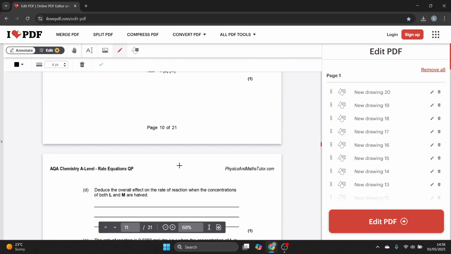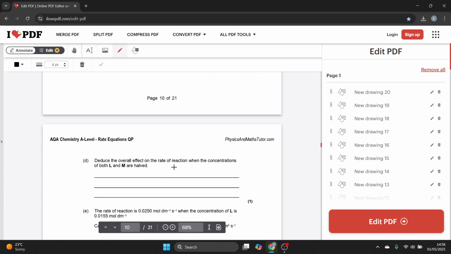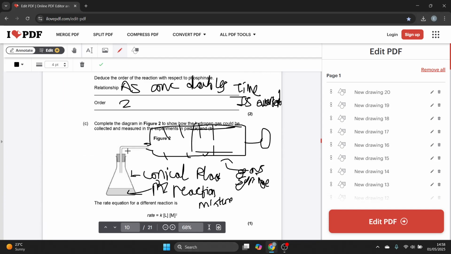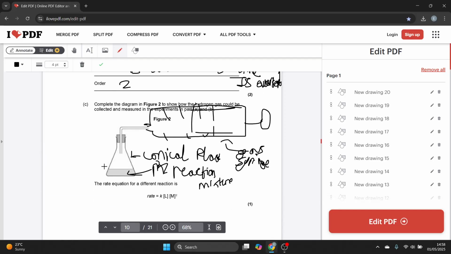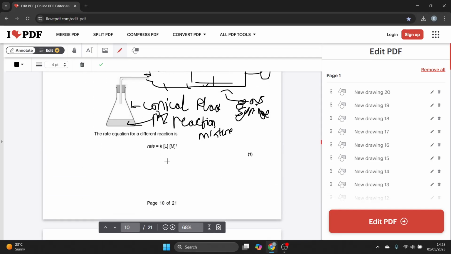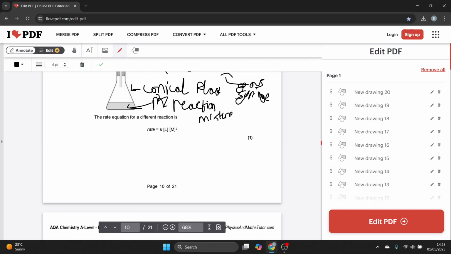Part D, deduce the overall effect on the rate of reaction if the concentrations of both L and M are halved. Well, L is halved, so it's going to be a half times a half squared, which is 1 over 8. So you can say the rate of reaction decreases by a factor of 8.